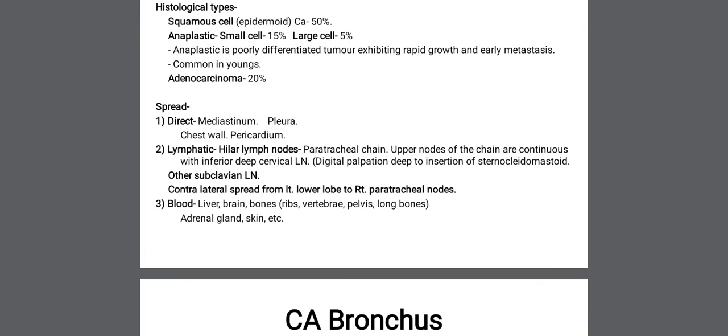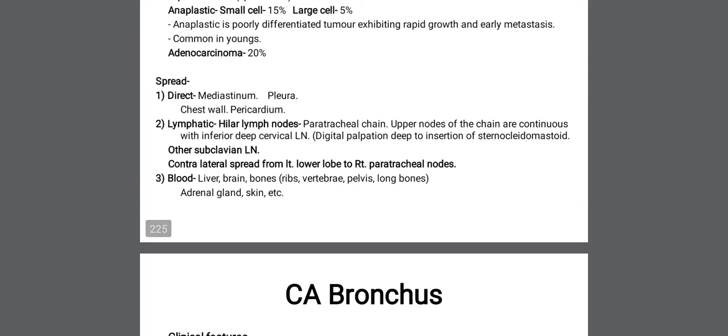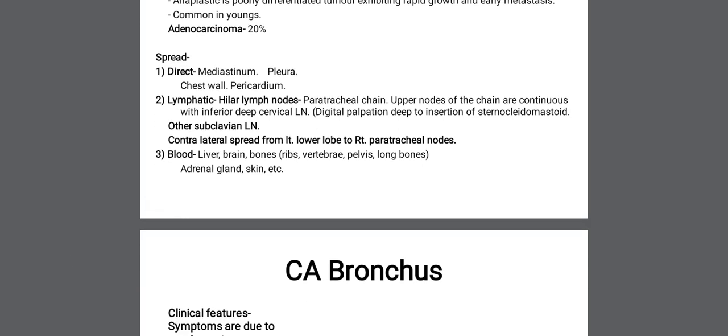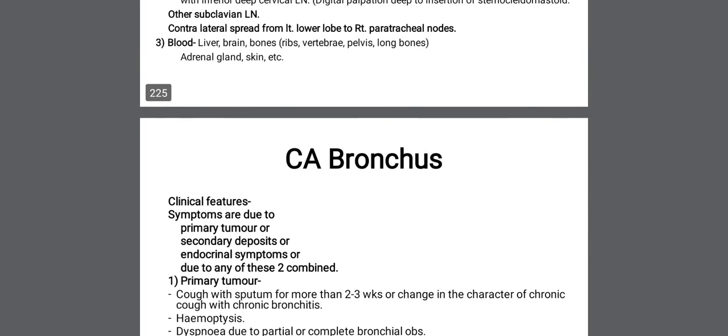So the deep cervical lymph nodes may also be involved, and you can palpate these by digital palpation deep to the insertion of the sternomastoid muscle. Other supraclavicular lymph nodes may also be involved, and some contralateral spread may be there from the left lower lobe to the right paratracheal nodes. And the third spread is through blood.